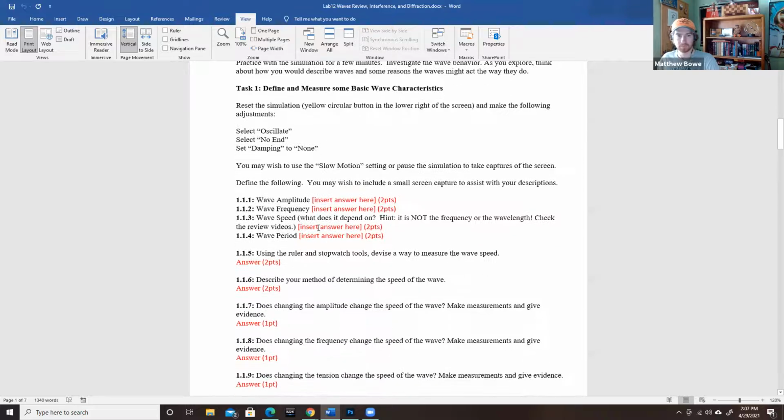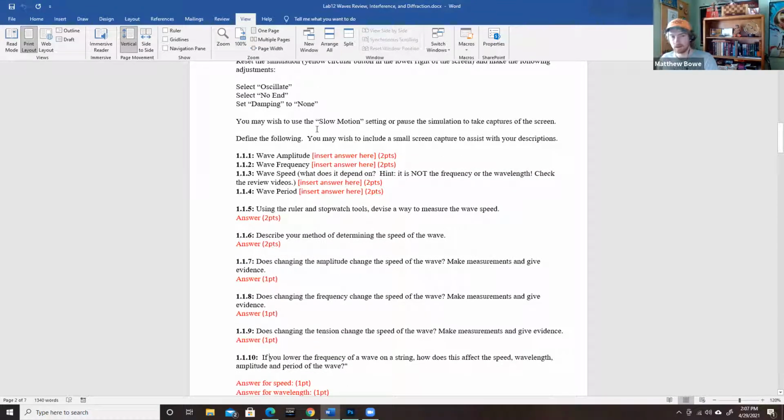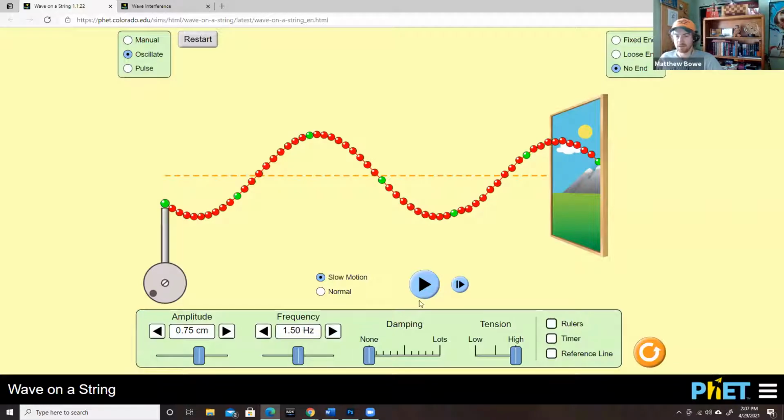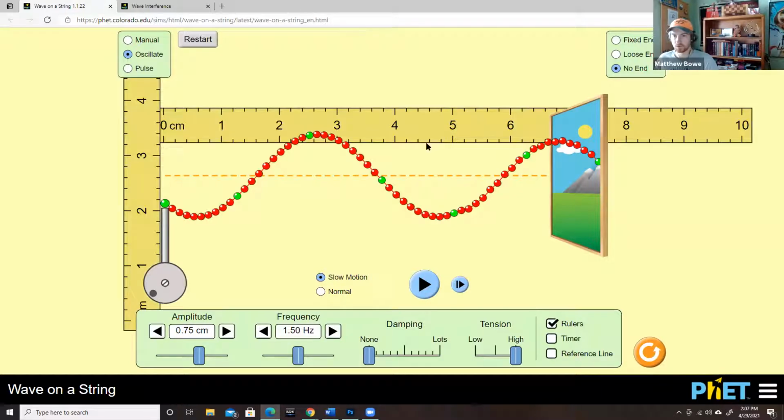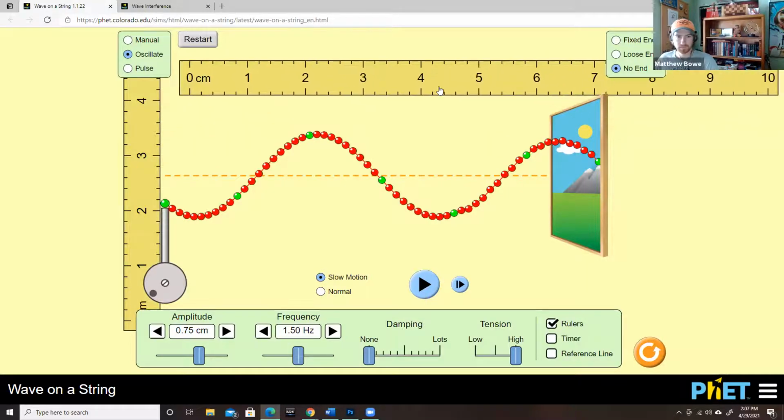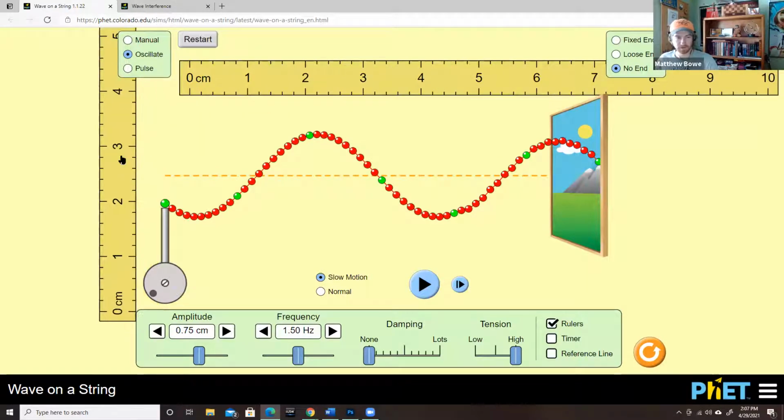Down at the bottom, we have the settings: amplitude, frequency, speed, period, and all of this. We're going to need to measure these. Down at the bottom, you can see there's a box for rulers, and you can use these however.